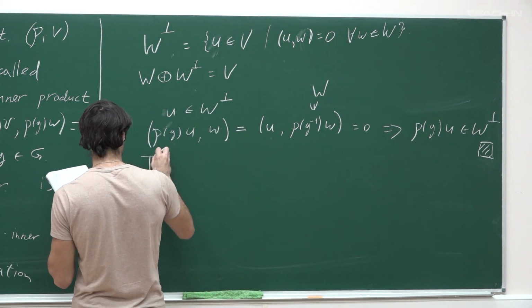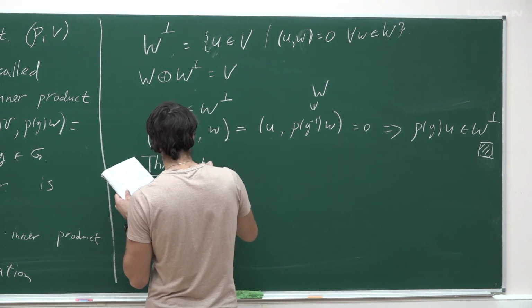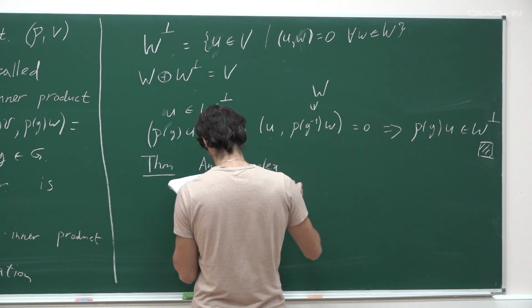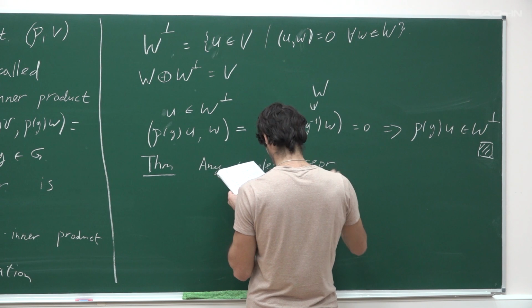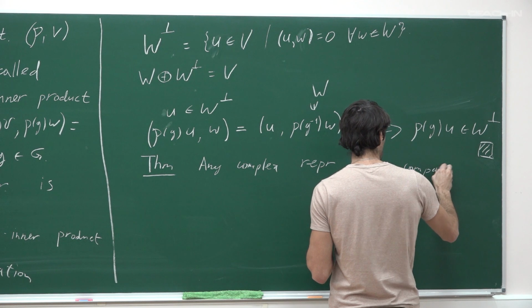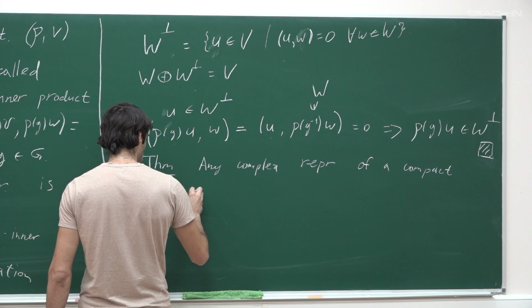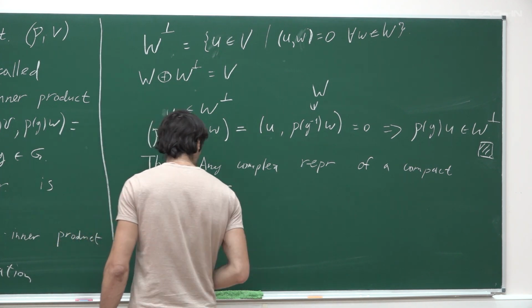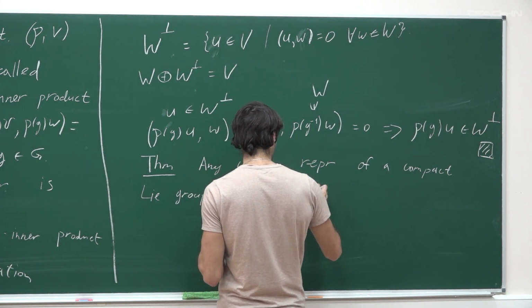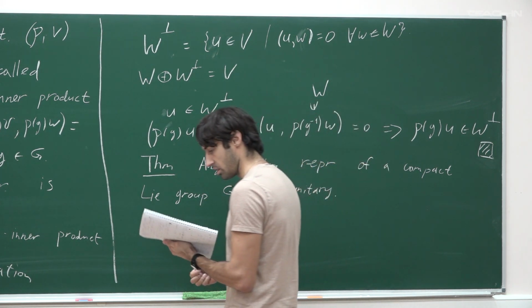The theorem that we are going to prove is that any complex representation of a compact Lie group is unitary and hence completely reducible.